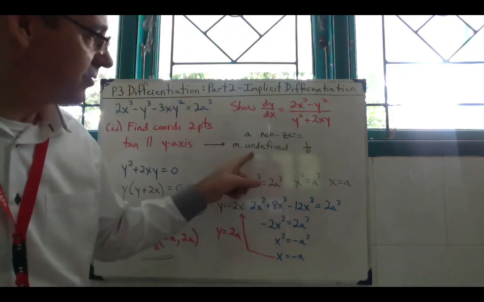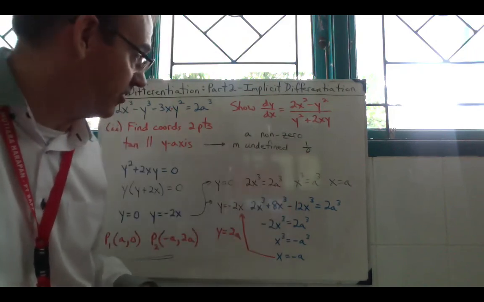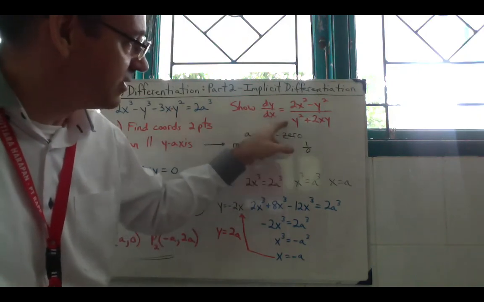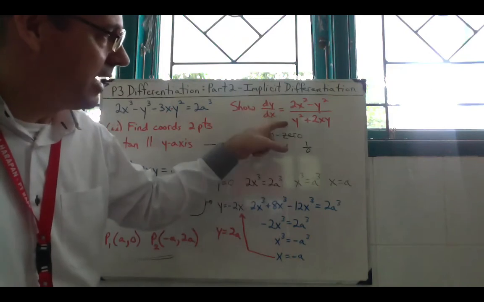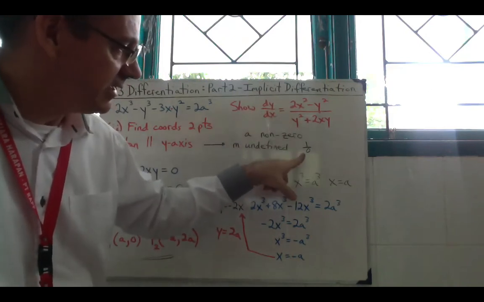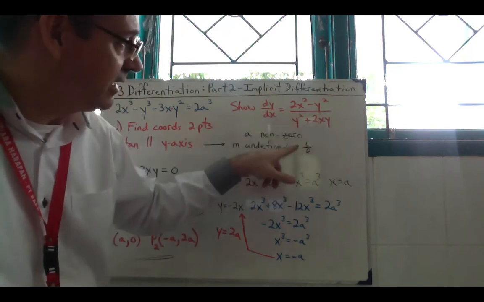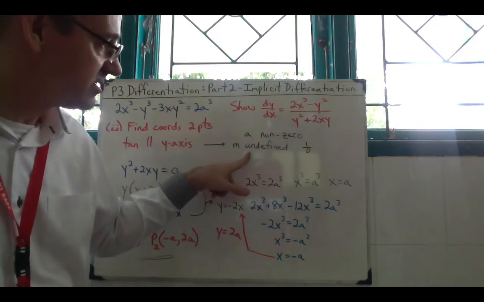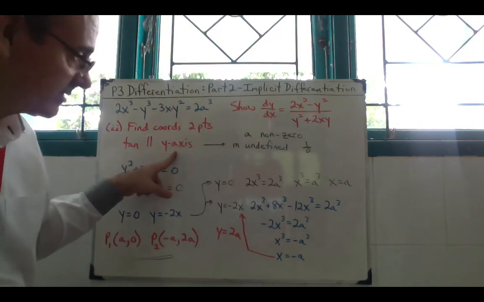And so this is called undefined slope because we can't divide by 0, which means that the denominator of the fraction is equal to 0. When the denominator of this derivative is equal to 0, then that causes an undefined slope, which will be parallel to our y-axis.